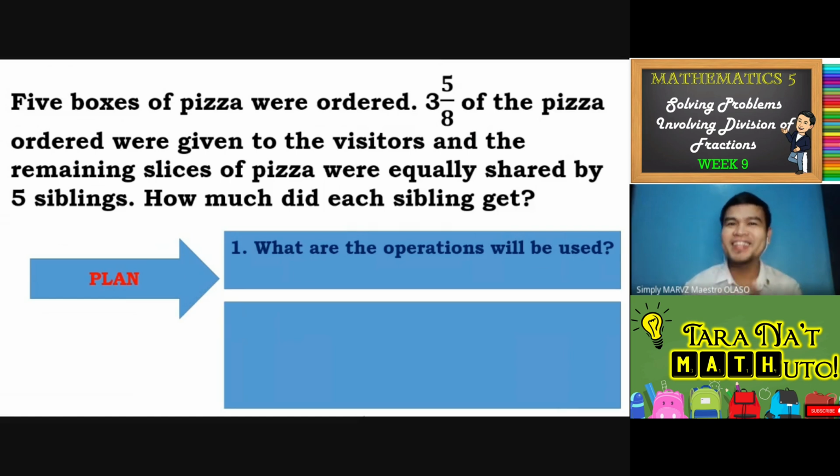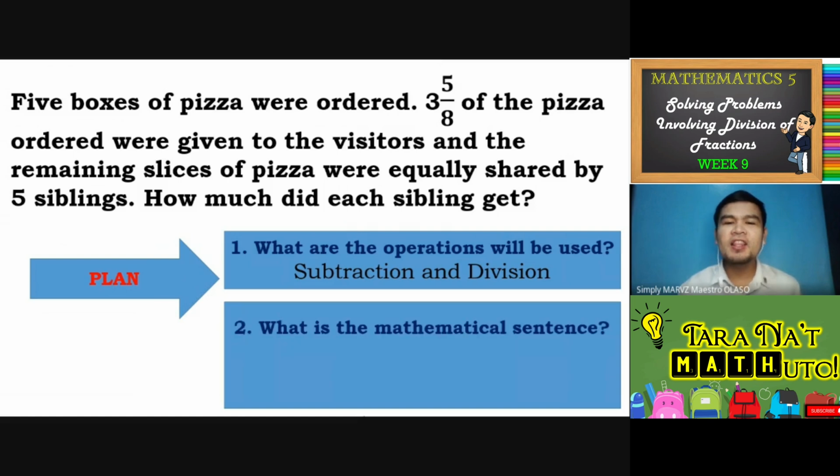You got it. We have subtraction and division. And what is the mathematical sentence if we are going to use subtraction and division? Correct. We have this: 5 minus 3 and 5/8, divided by 5, equals n.